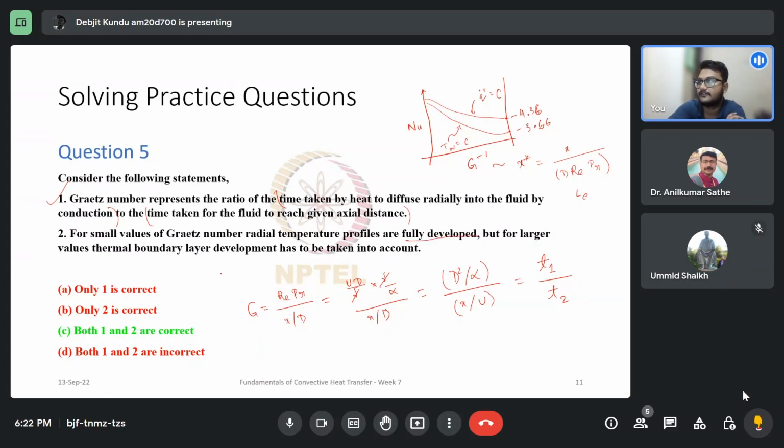But for larger values, Graetz number being higher means the inverse of Graetz number being smaller, and that means we have to consider a developing thermal boundary layer. So from Graetz number alone we can decide whether to consider fully developed flow or developing flow. Right? Yes. No.